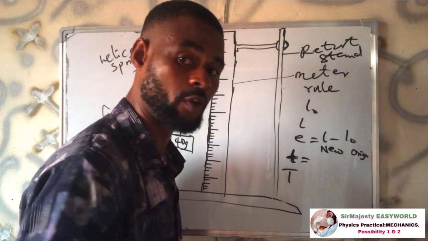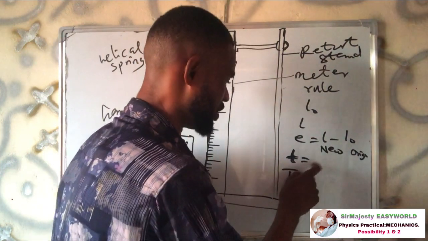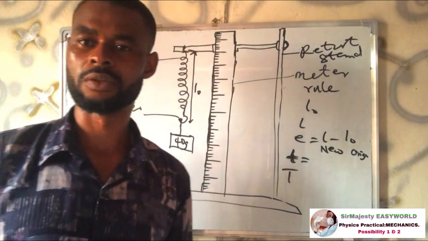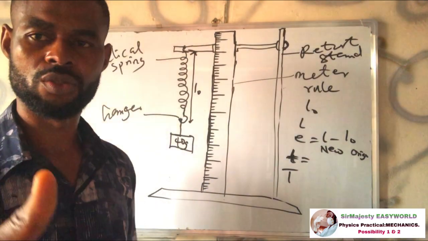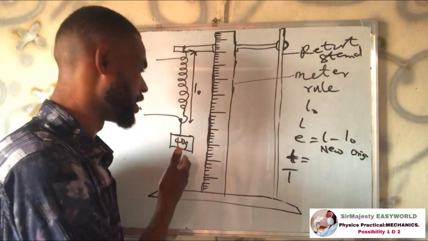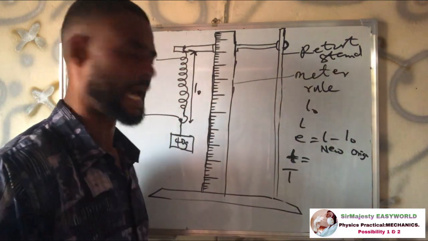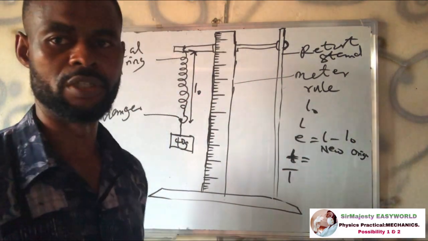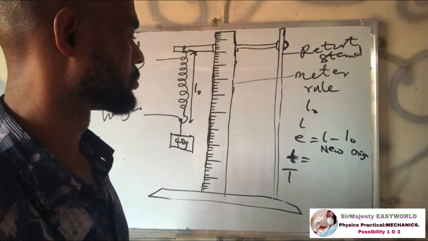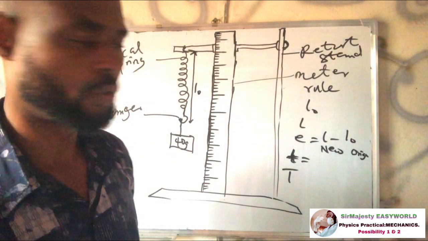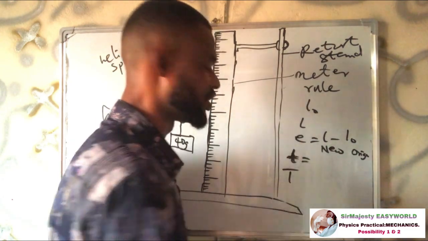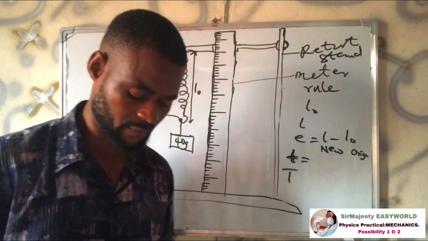The one you read directly from your stopwatch is the small t. Once it is 20 complete oscillations, according to our question, you stop your watch, then read and record the value on it. Any value you have on your stopwatch, you write it. That is your t. Then we continue.